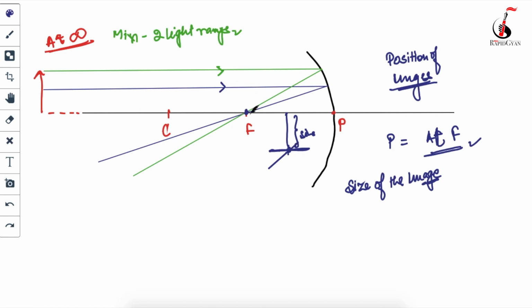In this case, since these two rays are intersecting at the principal axis only, the distance from the principal axis to the point of intersection of these two rays is almost zero. So what will be the size of the image? We can say it's diminished, or we can say it's point size. Diminished or point size, just remember this. Okay, so check here.